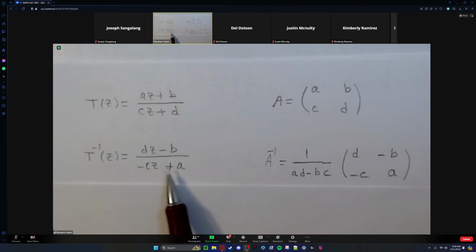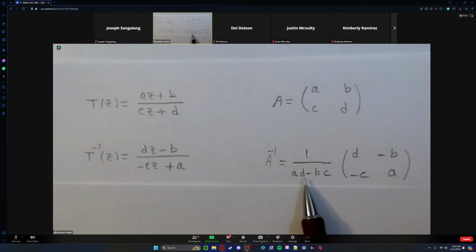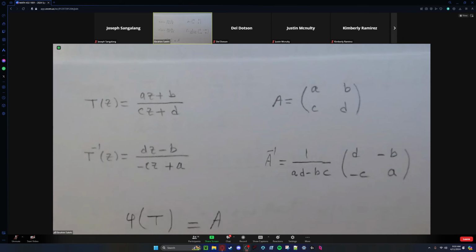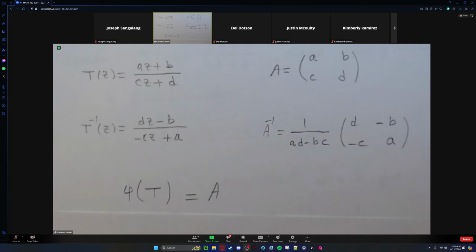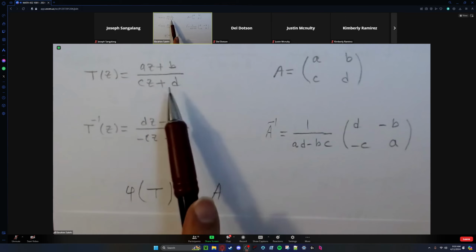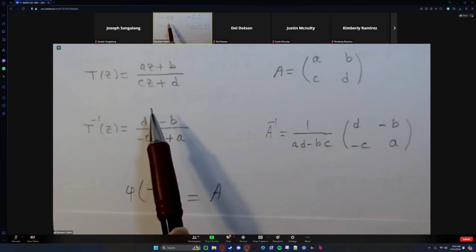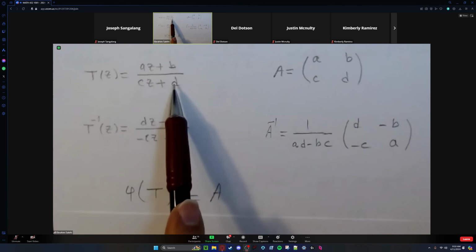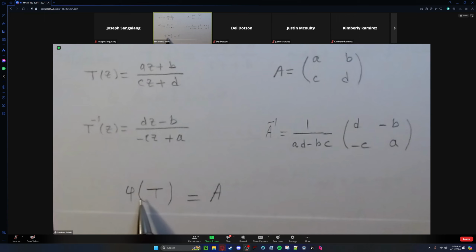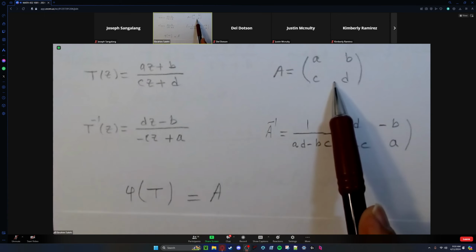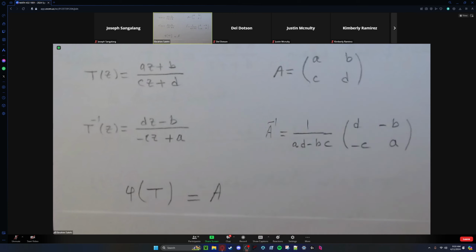You get these numbers, but of course, this is 1 over the determinant of the matrix, okay? Now, we can establish some sort of relationship between these two by saying that, okay, look, as soon as you have a linear transformation, phi of that is this.